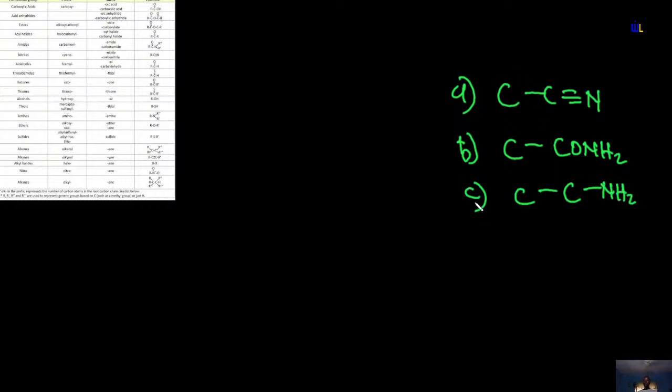Amongst A, B, C, which one of them is an amine? Which one of them is an amide? And which one of them is a nitrile group? Just a quick question before we continue. Just one answer and then I move ahead. Once I have an answer, we just move ahead basically.